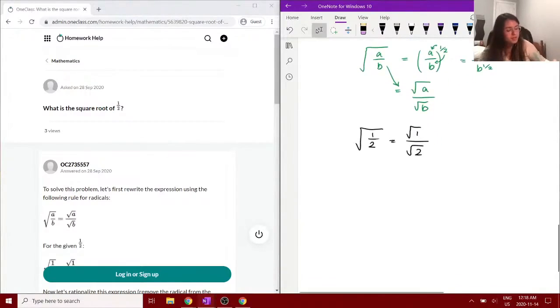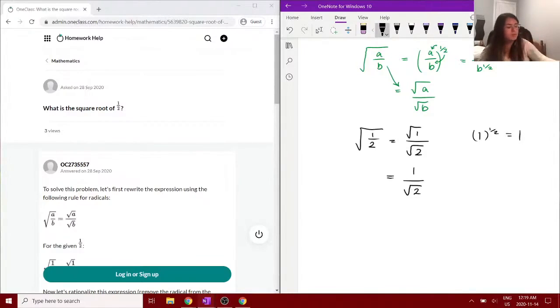Now we know that square root of 1 is just 1, because 1 to any exponent is always just 1. So we have 1 over square root of 2.